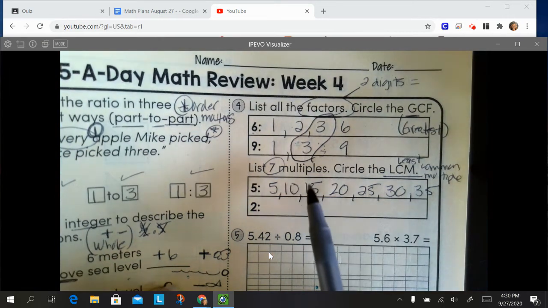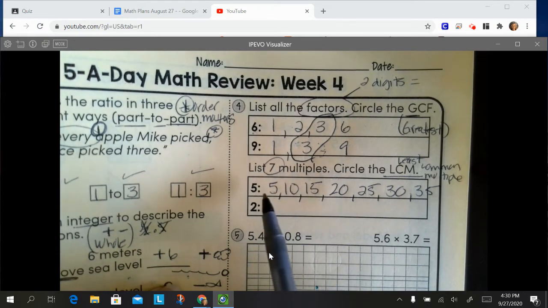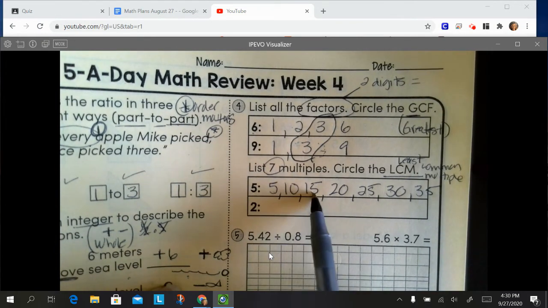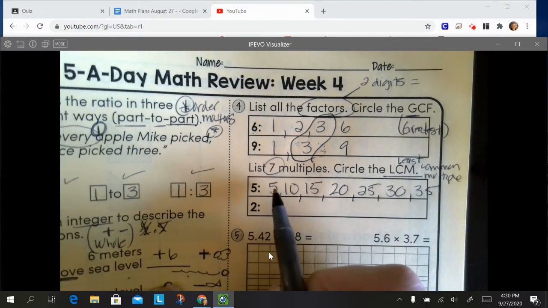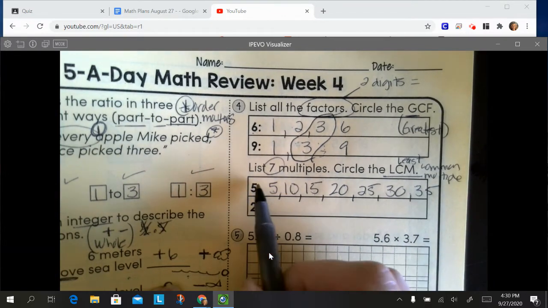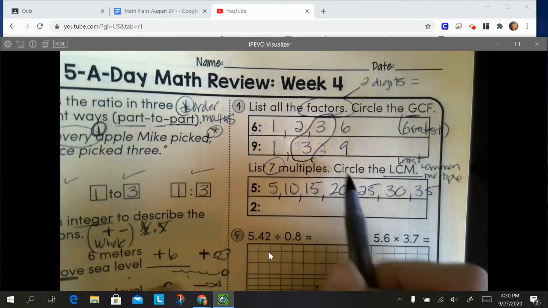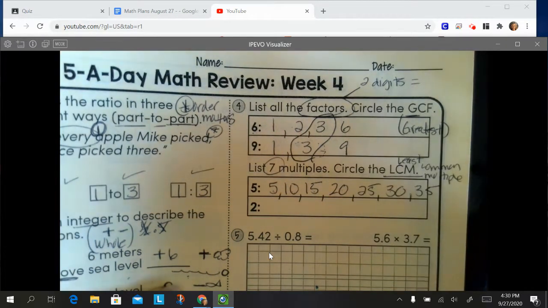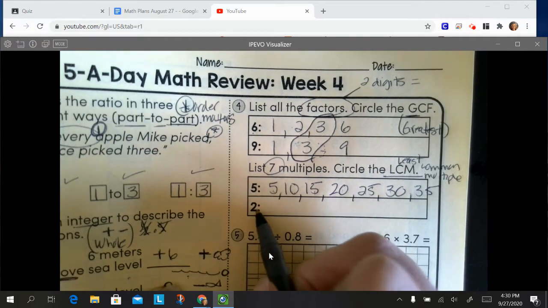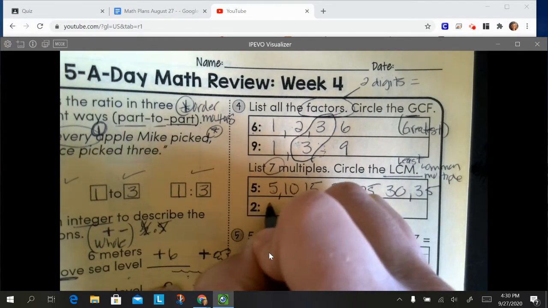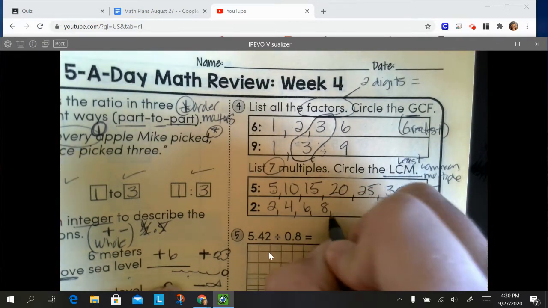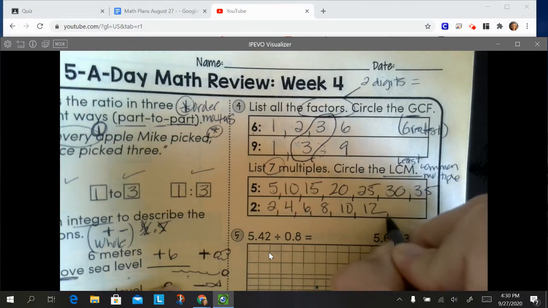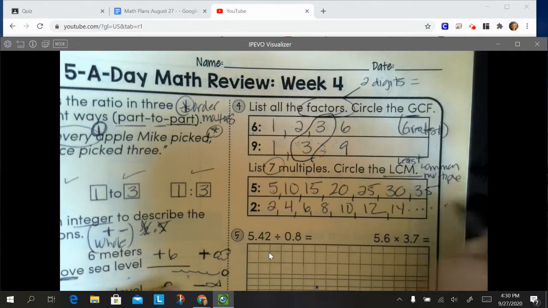If you want the multiples, it's kind of like skip counting: 5, 10, 15, 20. Or you can think of it like multiplying: 5 times 1 is 5, 5 times 2 is 10, 5 times 3 is 15, 5 times 4, and so on. Now if you want to work on the multiples of 2, do the same thing. Start with the original number, which is 2, and then 4, 6, 8, 10, 12, 14, and it would go on up.